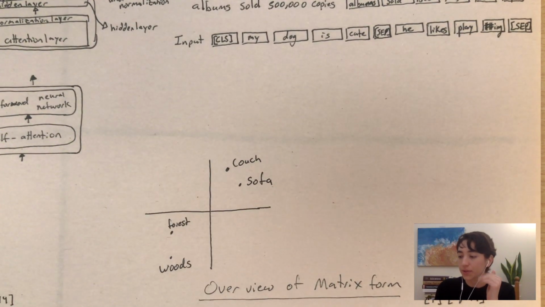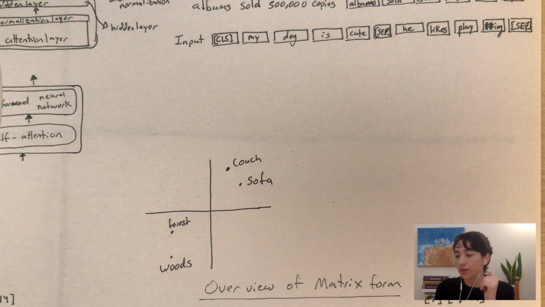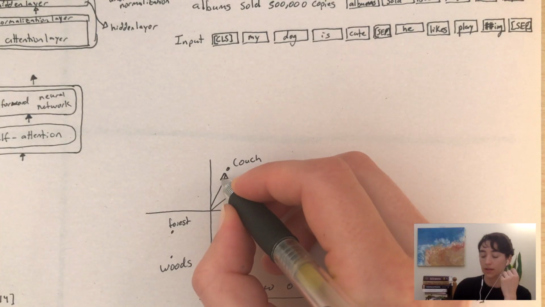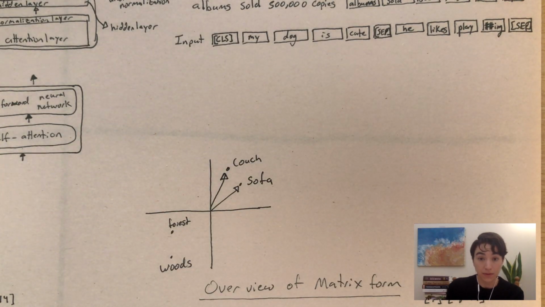So as we can see, forest and woods are closer to each other than they are to couch and sofa, which are very close to each other. So this we can think of as a vector space, and the address essentially of every vector is the word embedding itself.